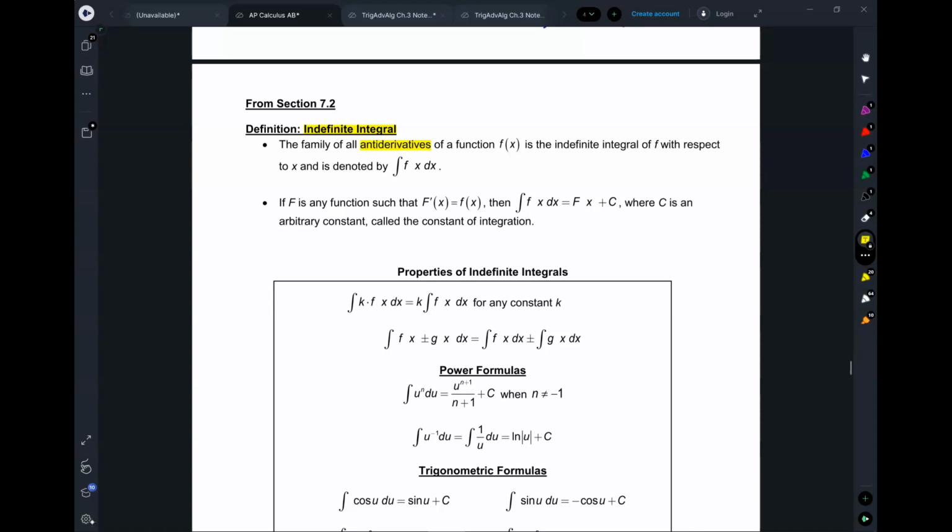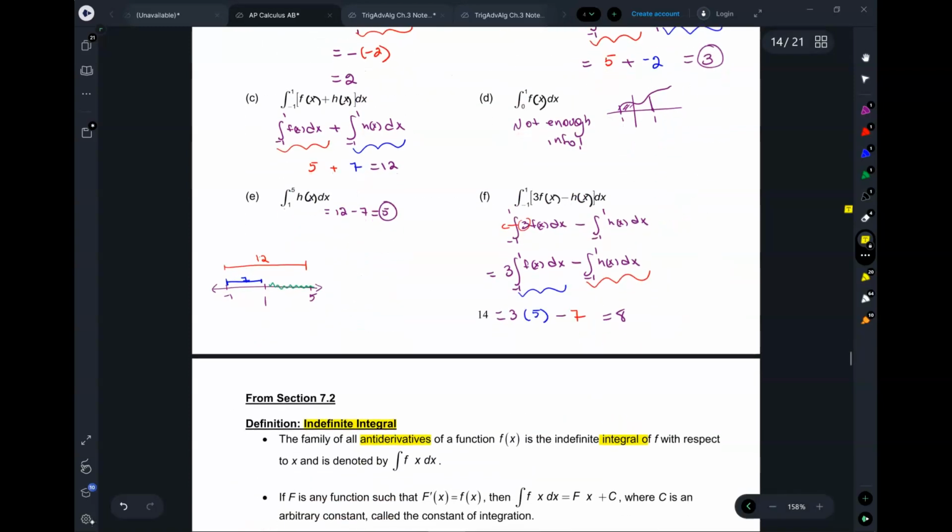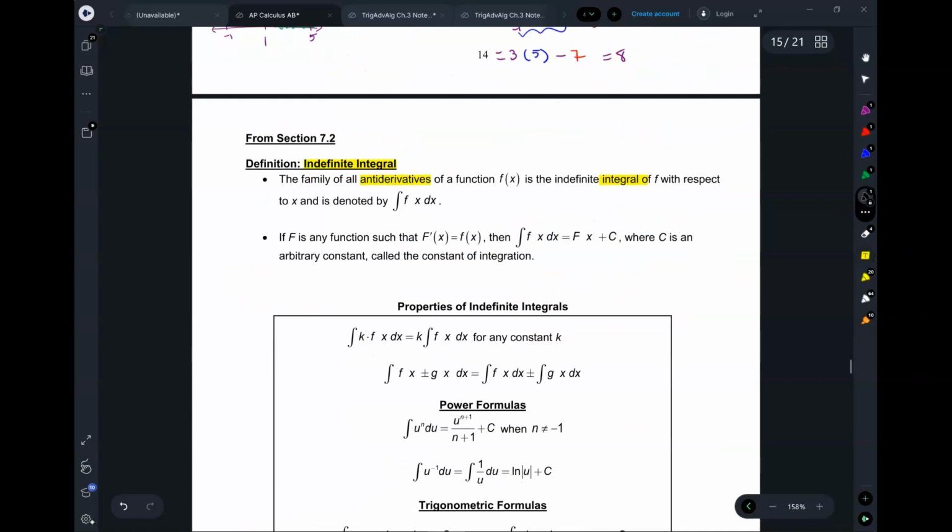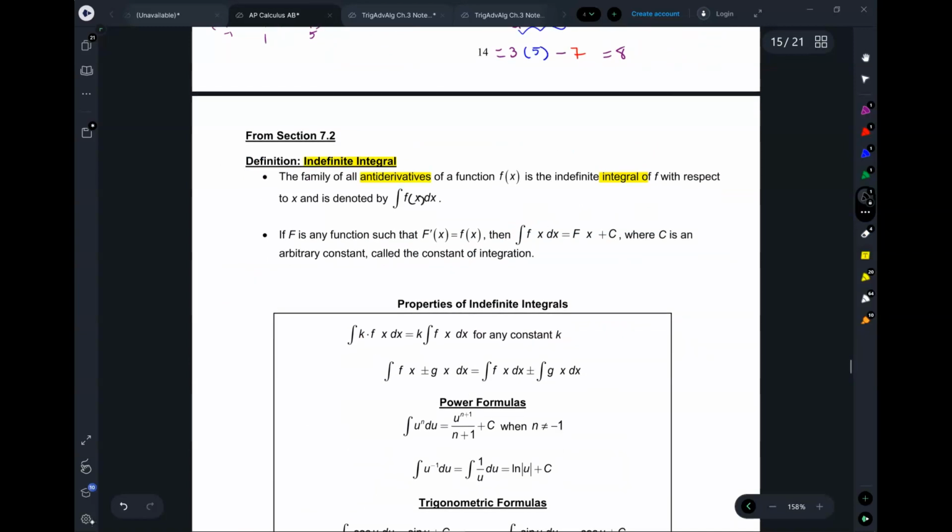So in calculus, we have to get used to the fact that the antiderivative is actually the integral of f with respect to x, and it's written as this. Until now, we knew this integral to be area, right? But it is also the antiderivative.